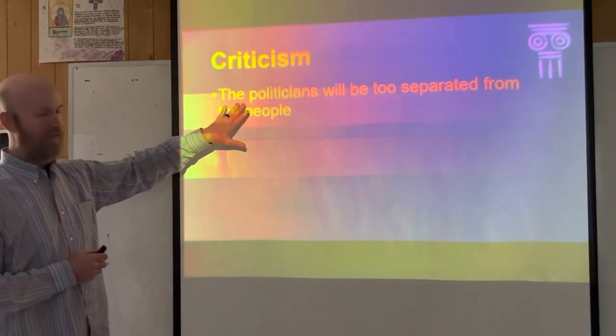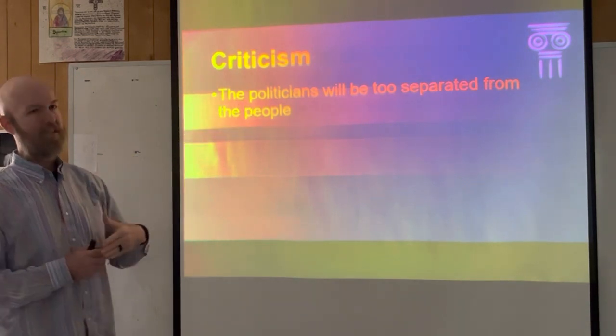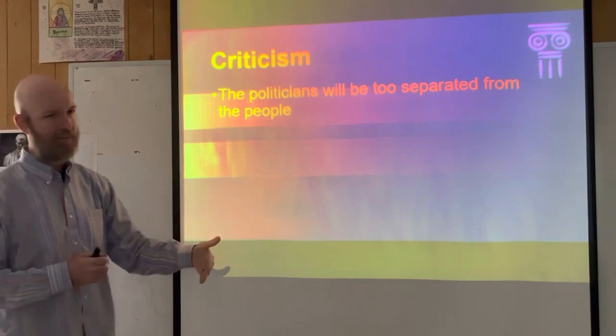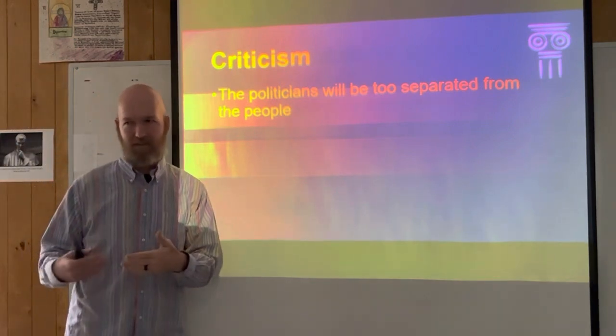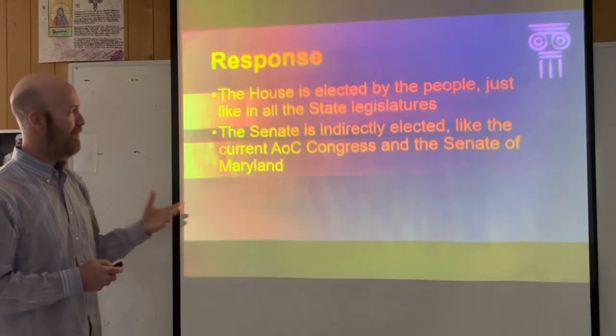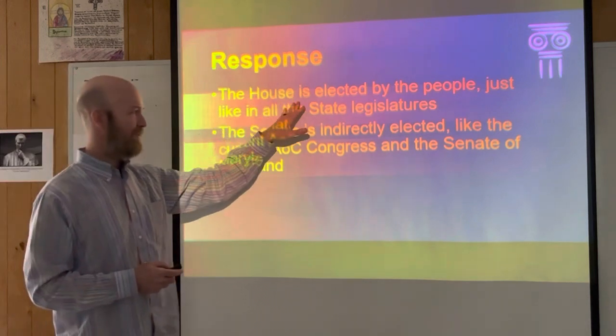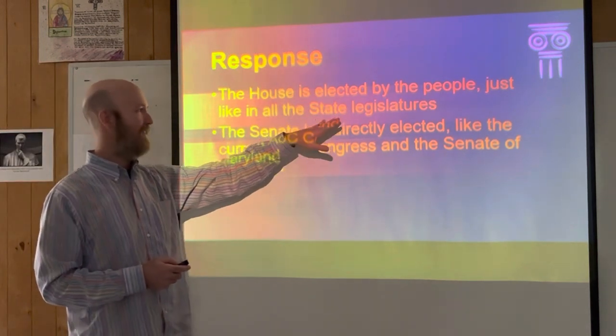Another criticism they were addressing was that politicians would be too separated in a national government. They wouldn't truly represent the people because they're way over in Washington, D.C. So their response in Federalist 39 is that the House of Representatives is directly elected by the people.